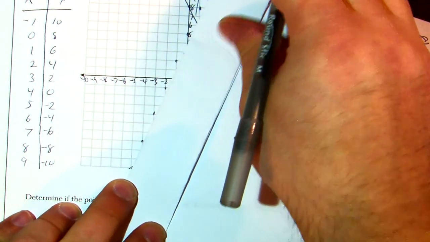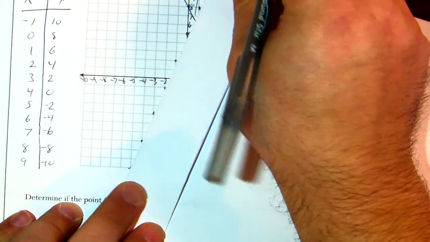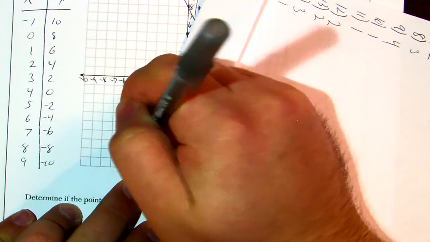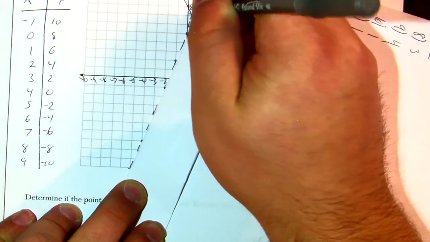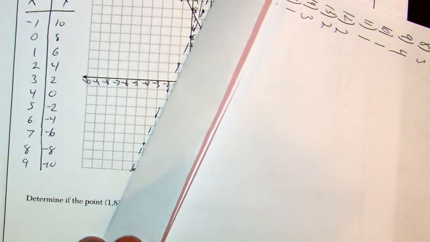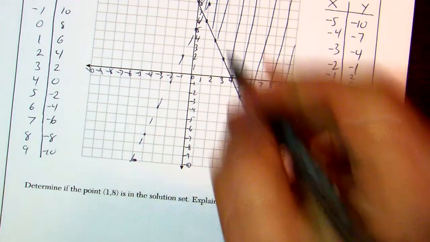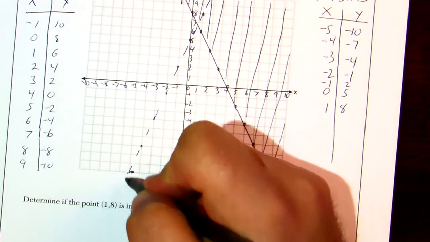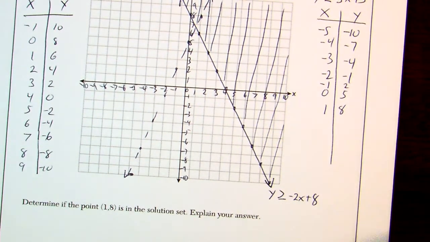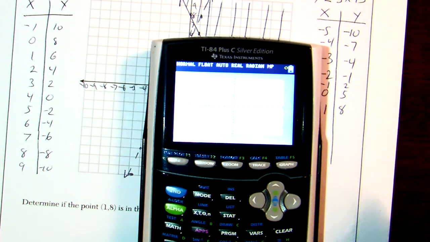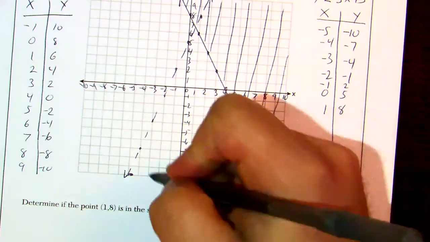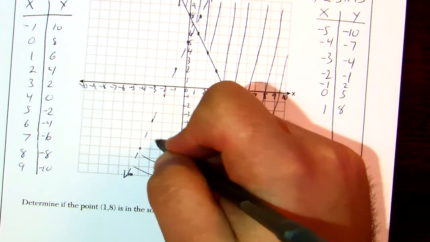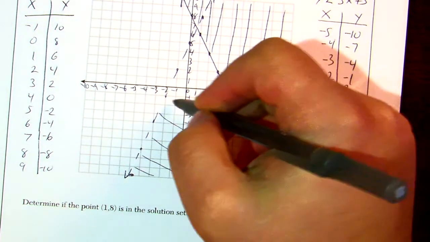Make sure I show a nice dotted line. Arrows at the end. Then I'm going to hit the graph button to see which way I'm shading. And I'm shading down from the line. All the way through the graph.